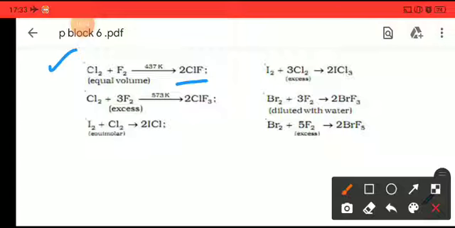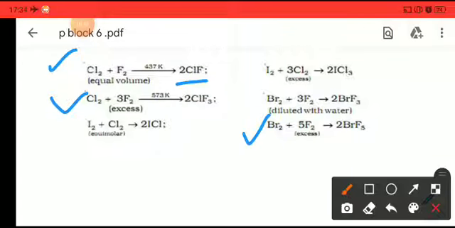Similarly, bromine and fluorine react to produce BrF5, bromine pentafluoride, as a product. And here chlorine reacts with 3 fluorine at about 573 Kelvin and forms chlorine trifluoride. So we can form an interhalogen compound by mixing two halogens directly at a suitable temperature.